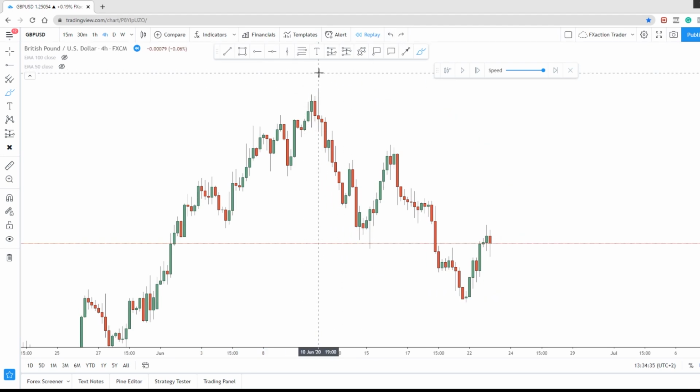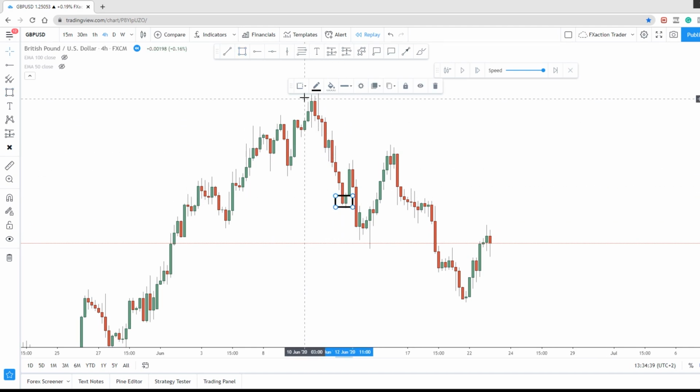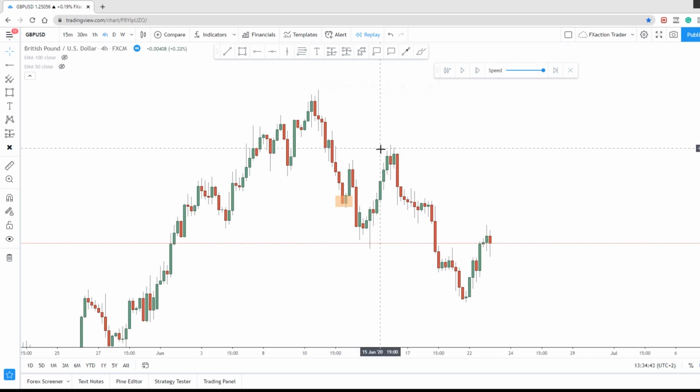Why do I say so? Because we can see that market keeps on doing a lower low and also a lower high, and market keeps on creating new low. So these are the criteria of a downtrend market.